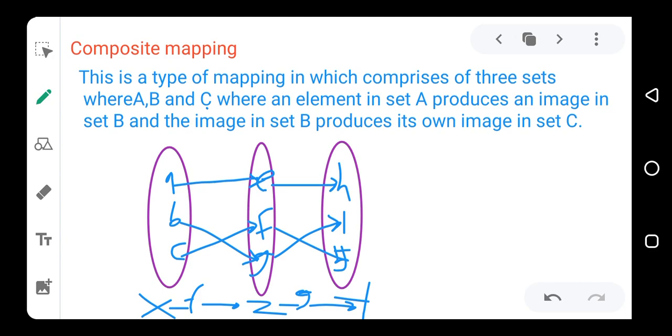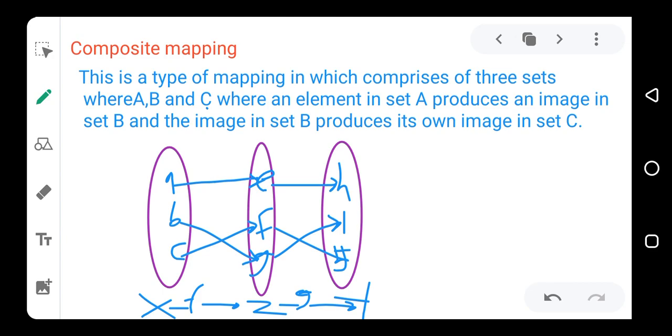Then the image in the codomain will produce another image somewhere. So that means that the first image is an intermediate that is used to produce the final image. So the first codomain is an intermediate codomain, which is now used to produce the final images.